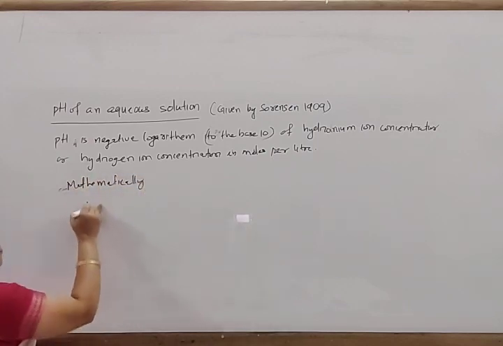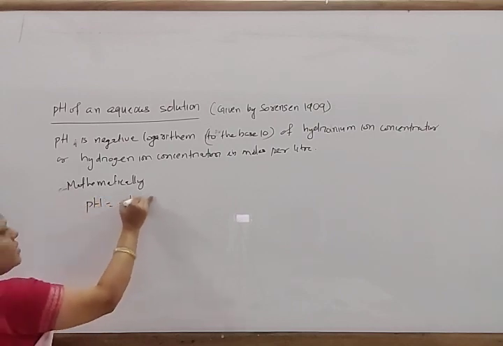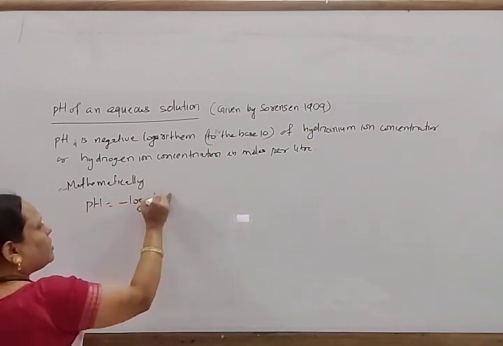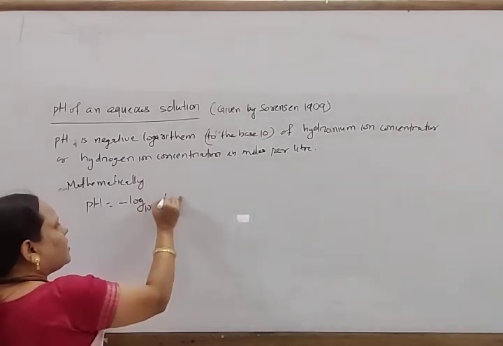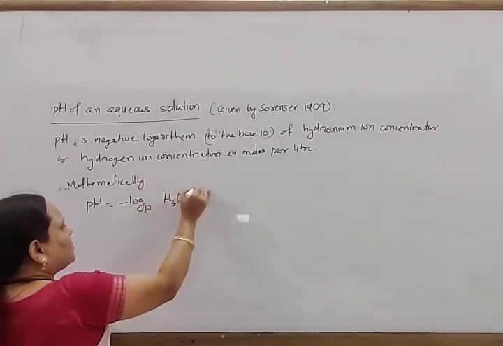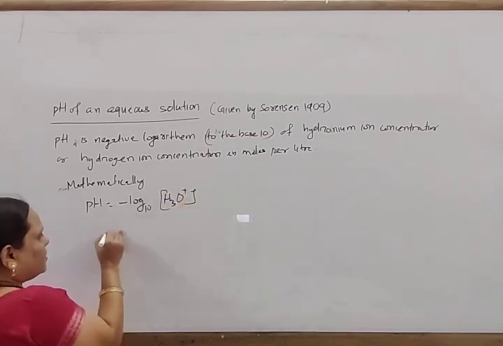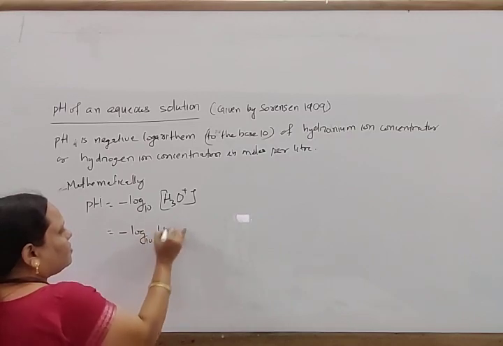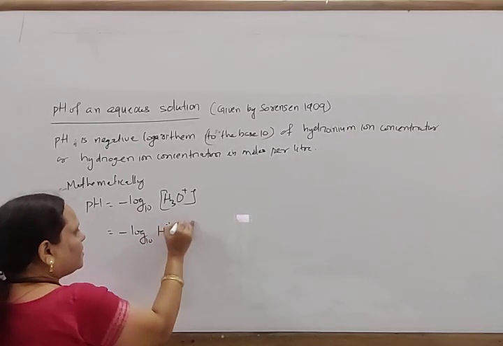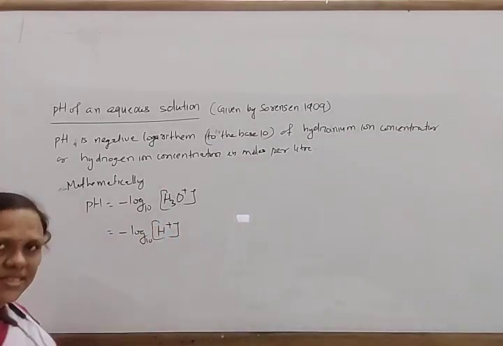Mathematically, pH is minus log to the base 10 of the hydronium ion concentration, [H3O+], or minus log to the base 10 of the H+ ion concentration. These two are the same thing.